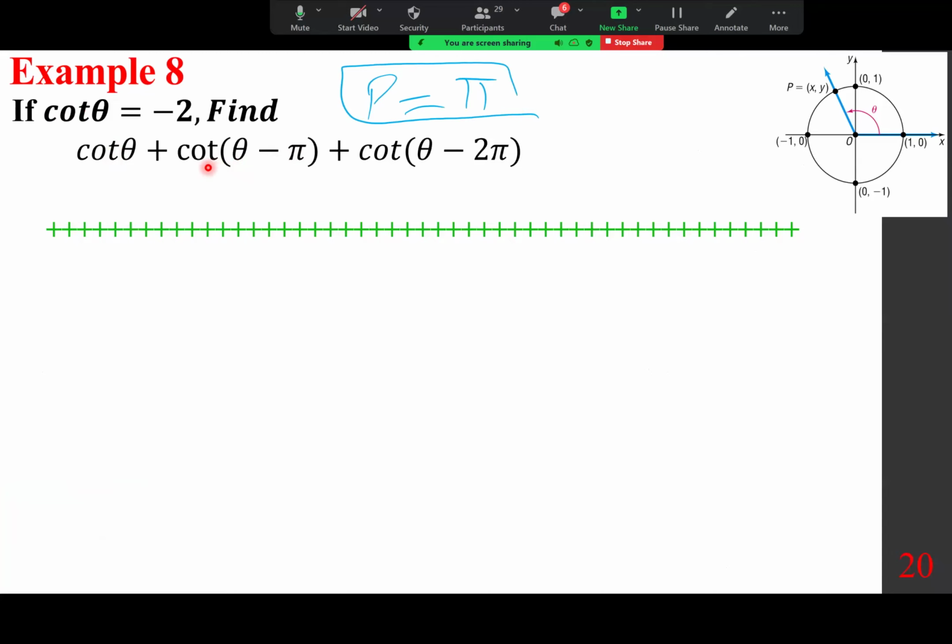This is minus pi, also cotangent theta. And this is minus 2 pi, also cotangent theta. So we have three of those. And so 3 times negative 2 is negative 6. Please understand the period for tangent and cotangent is pi. So any multiples of that will result in the same function.